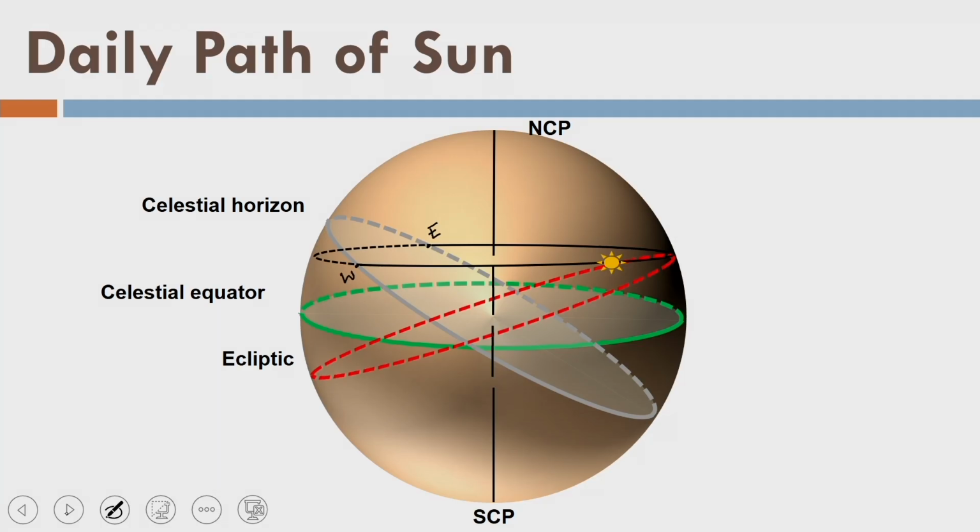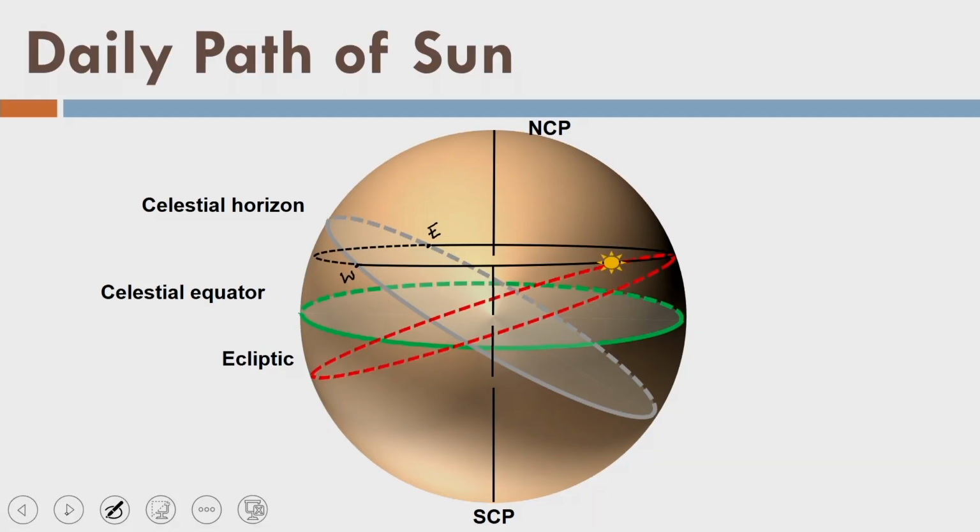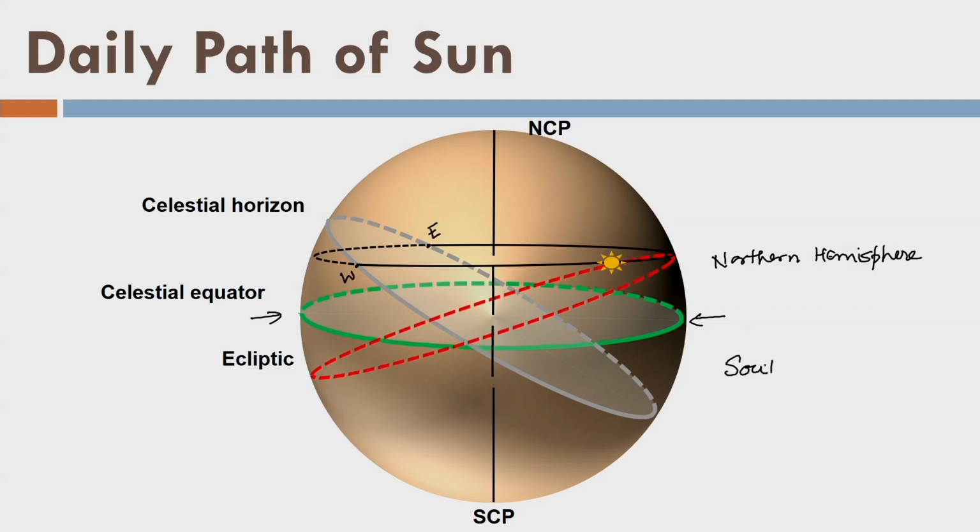You can see that above the horizon, the path between east and west is longer compared to the length of the sun path below the horizon. And as a result, we can say that days are longer when the sun is in the northern hemisphere. You can see with respect to the celestial equator, this is the northern hemisphere, and this portion is the southern hemisphere.